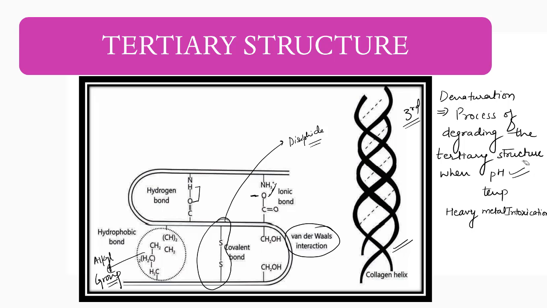So when pH is abruptly changed, optimum temperature is changed, or heavy metal intoxication occurs, these changes lead to degradation of the tertiary structure, and this process is known as what?